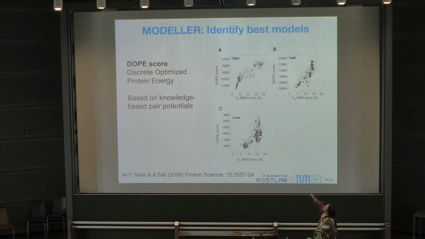Here's an example of the error. RMSD is the root mean square deviation. So for every single residue, for every single point, you look at the difference between the structure that you predict by comparative modeling and the one that is actually known. So you pretend that the actually known one you don't know. And this is somehow the score, the energy score, suggesting that your model looks right. And the good news is here that the lowest score typically is also the lowest RMSD.